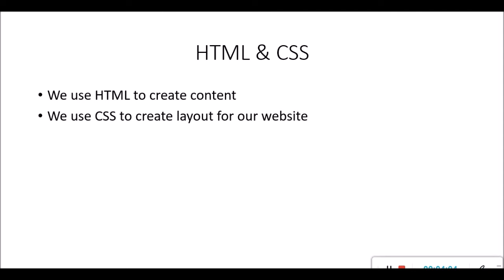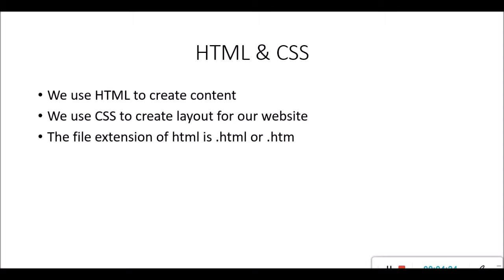Now let's talk about HTML and CSS. We use HTML to create content. Then when it comes to CSS, we use it only to create layouts. As I mentioned earlier, CSS falls under the presentation layer, while HTML falls under the content layer.